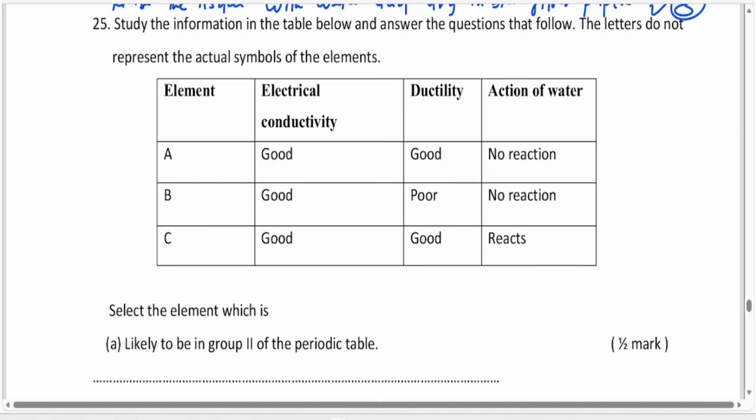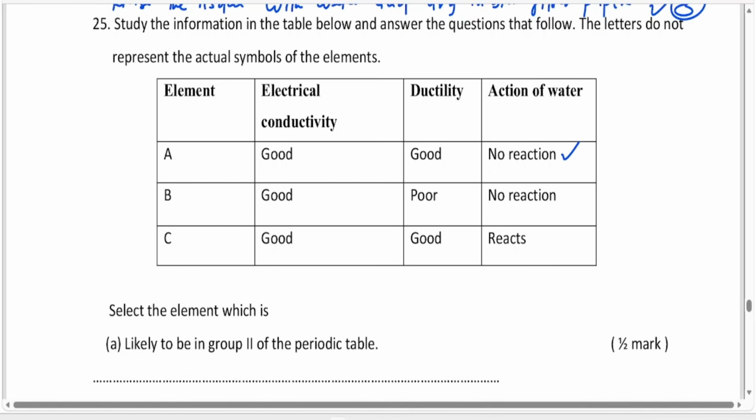Element A is a good electrical conductor, it has good ductility, and it does not react with water. Please take note of that.